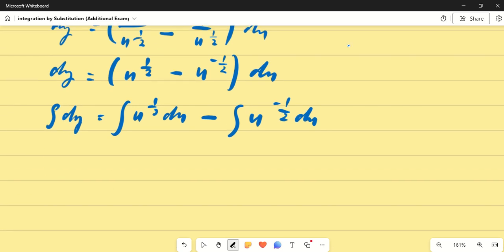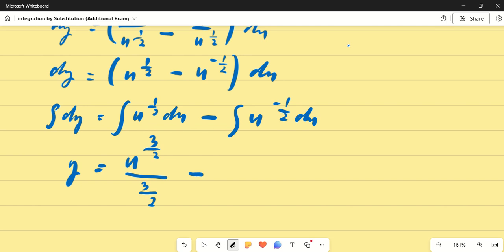And you're aware that the integral of dy is y. And then we apply basic integration techniques. We'll be adding 1 to our exponent, and of course, that will be written also in our denominator. So your 1 half plus 1 is 3 halves. So definitely you can write it here, u raised to 3 halves, and in our denominator, you have your 3 halves. Okay, you do the same in our second expression.